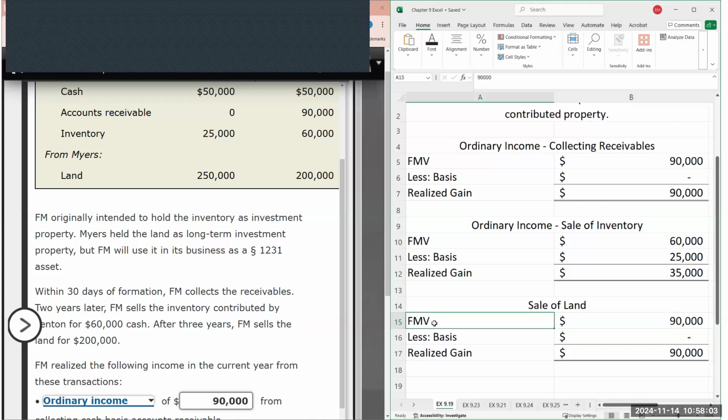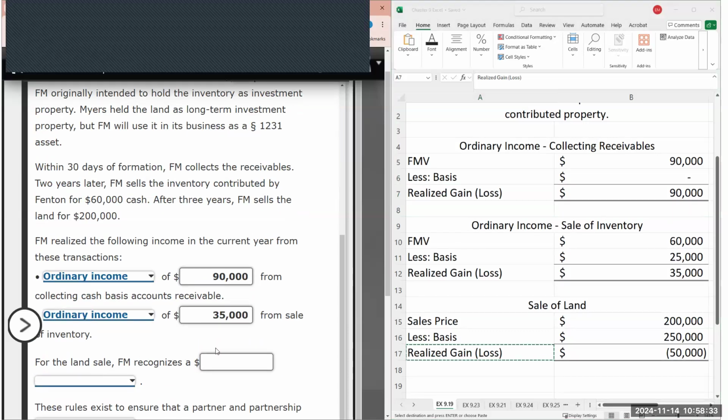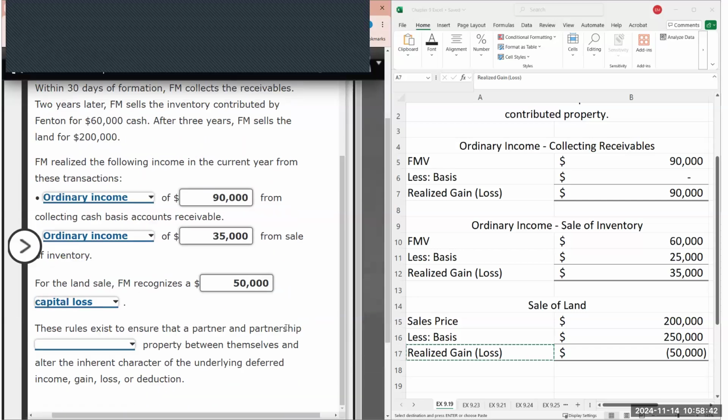So in such case, sales price of 200,000 minus the basis of 250,000. In such case, there's a loss. So there's a realized loss. So it could either be a gain or it can be a loss. So in this case, there's a realized loss of $50,000. This would be a capital loss.